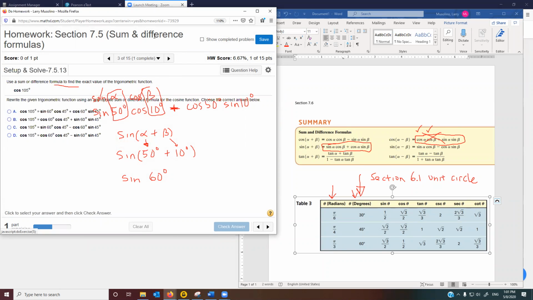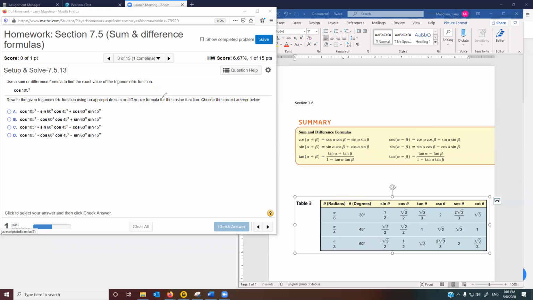Well, this one's asking me to kind of work backwards in the sense of taking a cosine of 105 degrees and trying to break it up into one of these possible expressions that they're giving me here in choices A, B, C, or D. Well, when I look at these choices, I'm noticing they seem to be breaking this up into the angles 60 and 45 degrees.